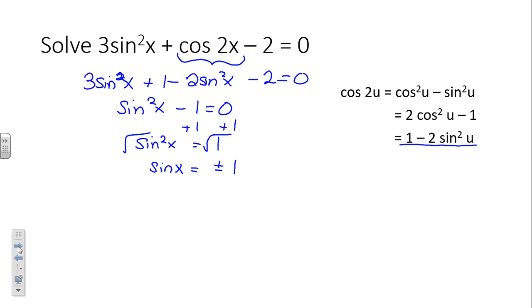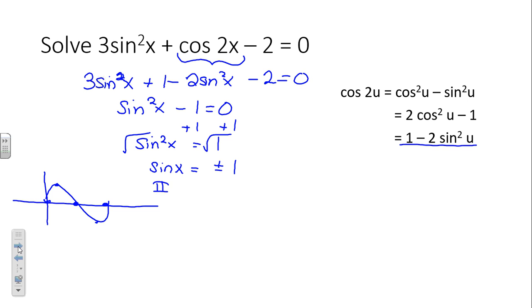Okay? So we ask ourselves now, where is the sine of x? For what angle of x is the sine going to be positive 1? So sine starts in the middle, ends in the middle, is high and low in the middle, and it goes up and down. So where's the sine positive 1 or negative 1? Pi over 2 and 3 pi over 2. Okay?